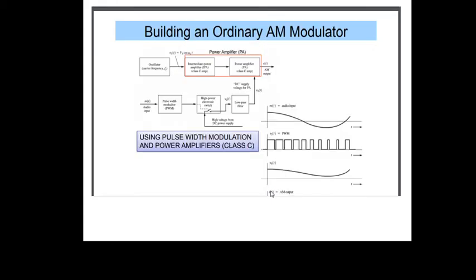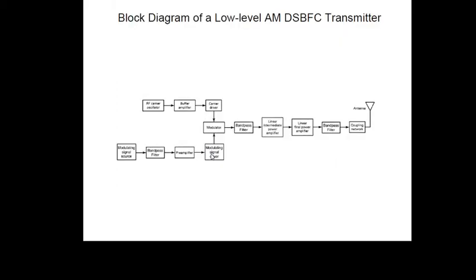This is the block diagram of the ordinary AM modulator, which consists of an oscillator that generates the carrier frequency, then an intermediate power amplifier, which is class C, and a power amplifier that generates the signal V of t, then a DC supply, a high voltage DC power supply using pulse width modulation, and a power amplifier. So this is the high level amplifier.